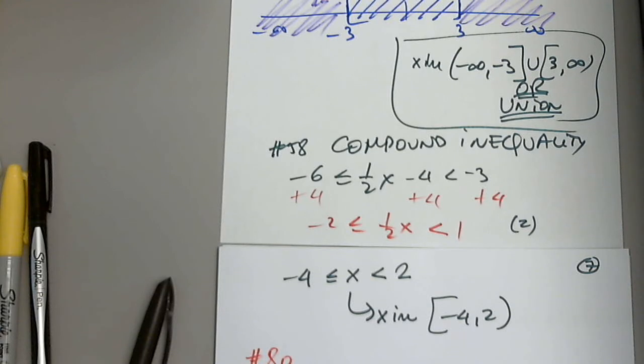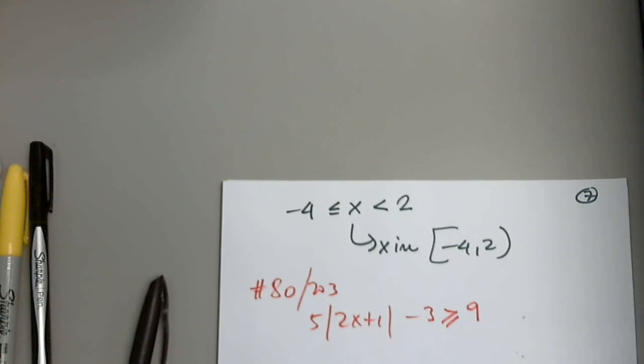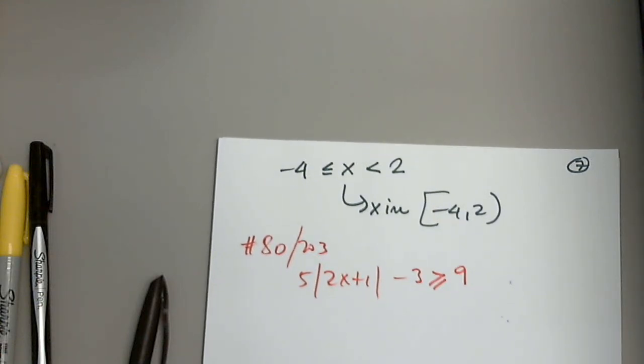Good, so let's look at 80, on page 203. Where are you? 80. 5 times the absolute value of 2x plus 1, and then minus 3 greater than or equal to 9. This is what type of inequality?